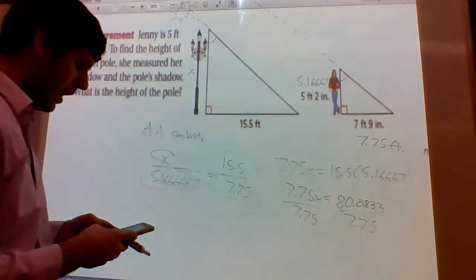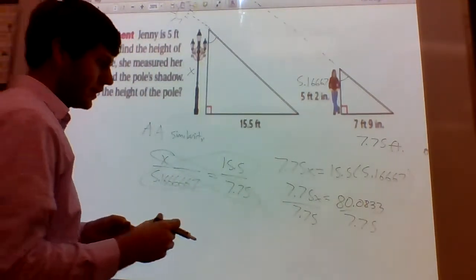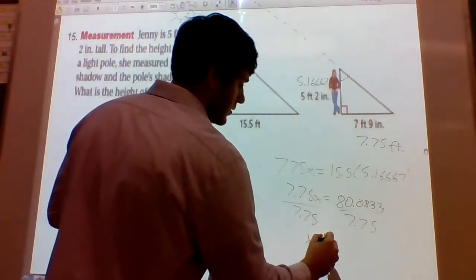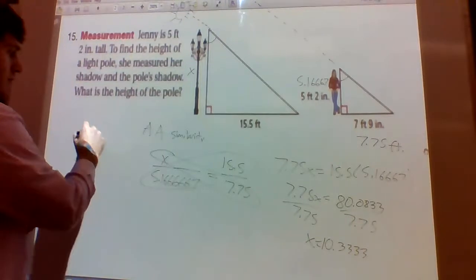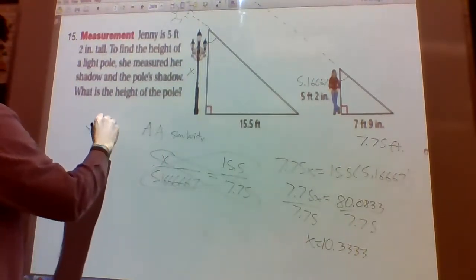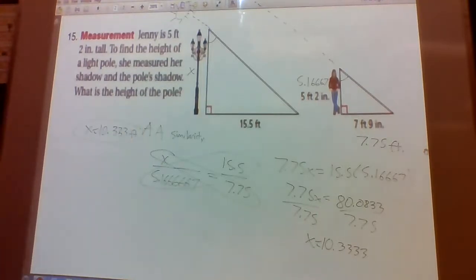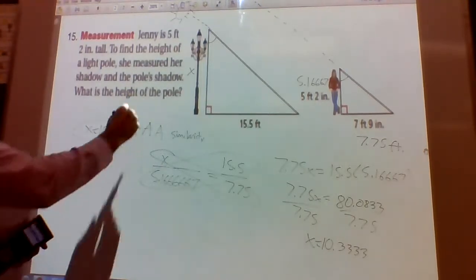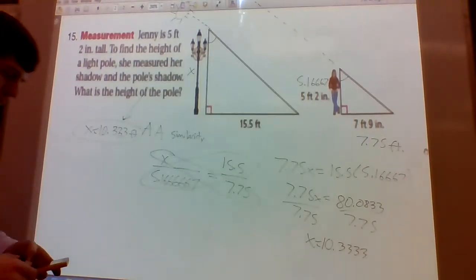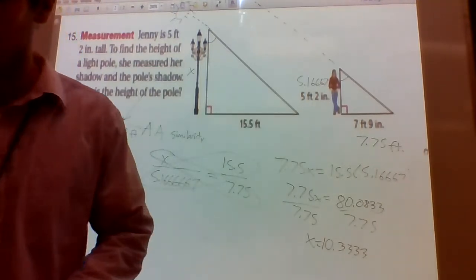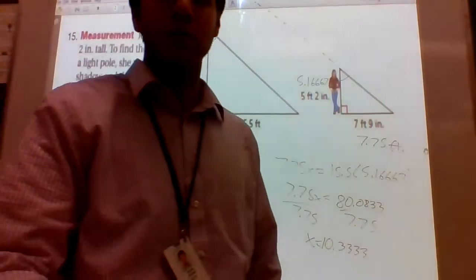Okay, we divide by 7.75. We get 10.3333. So x is going to be 10.333 feet. So the height of the pole is 10.333 feet. Okay, so that is the 15 questions from the similar figures worksheet.